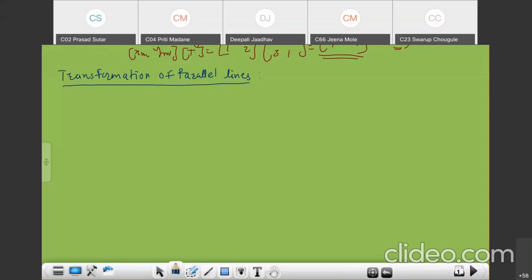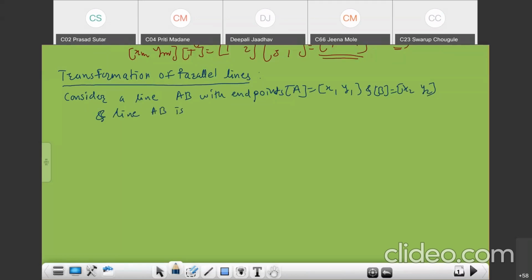Here, consider a line AB with endpoints A is equal to x1 y1 and B is equal to x2 y2, and line AB is parallel with line EF.